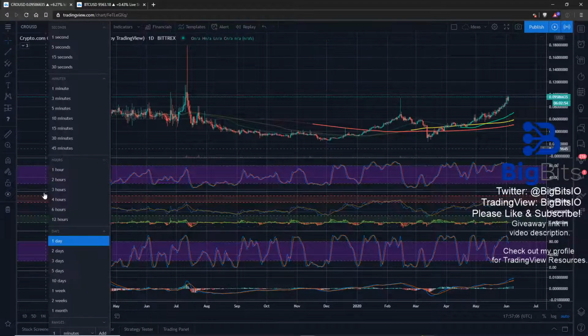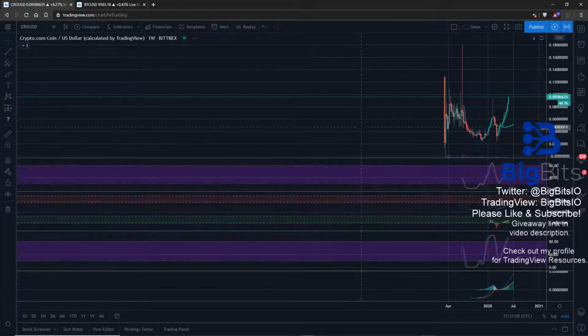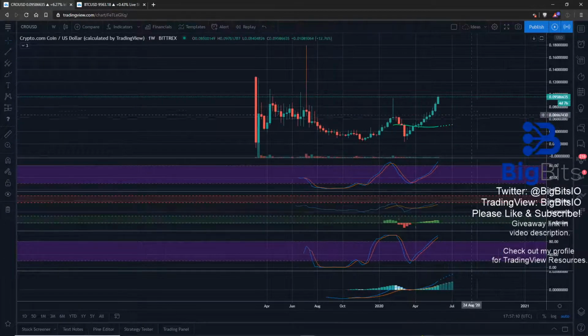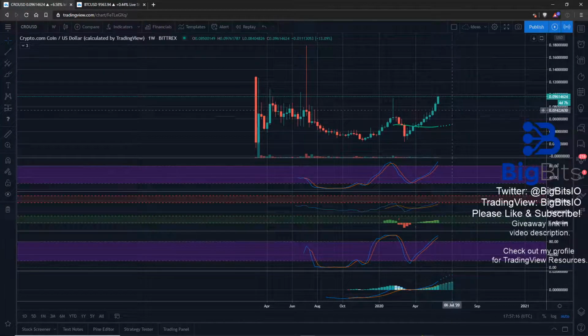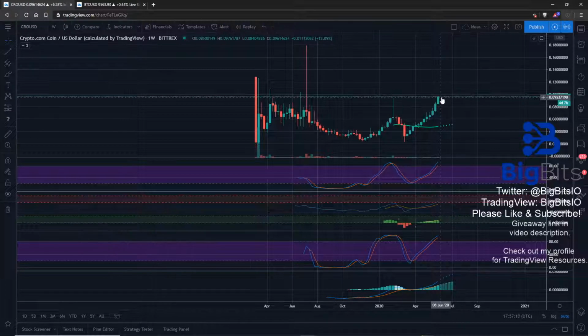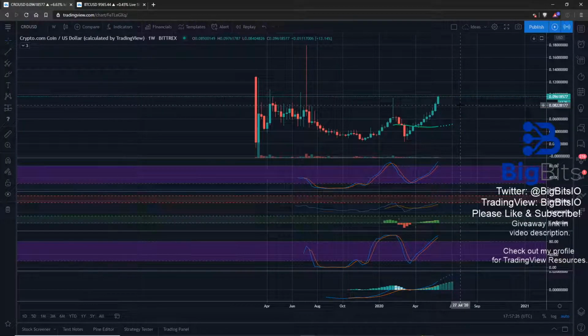Let's take a look at it on the weekly chart. It's kind of insane. That is doing really well. I'm not sure. Just looking at the weekly chart, it's hard to say when that might stop.